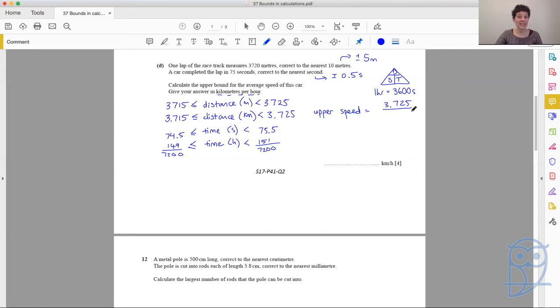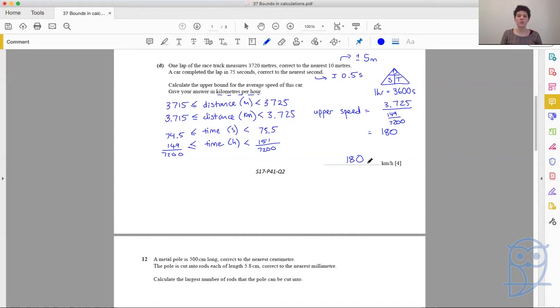Our shortest time, because that would be the greatest speed to get that distance, 149 divided by 7,200. So we're going to flip in times and do it all on the calculator, because we're dealing with some quite interesting numbers. And we come out to, very straightforward and simple, 180 kilometers per hour.